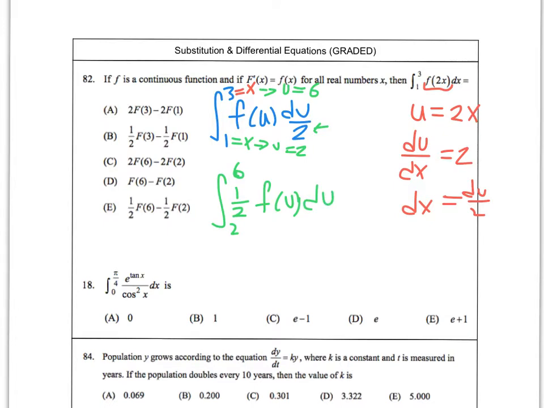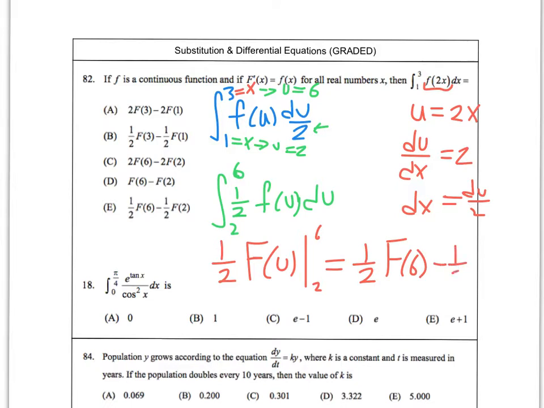That's going to be a half big F of u evaluated at 6 and 2, which is going to be a half big F of 6 minus a half big F of 2. And that happens to be E.